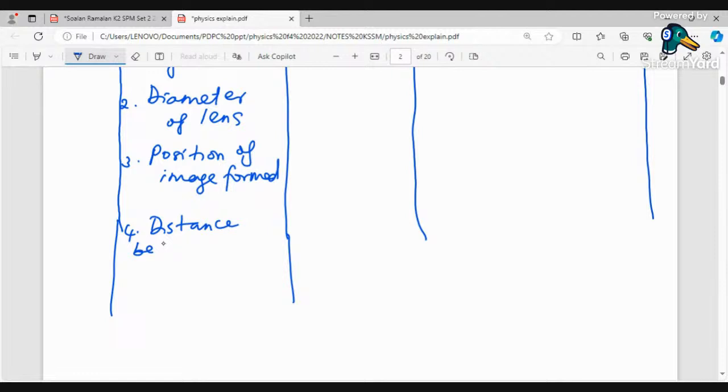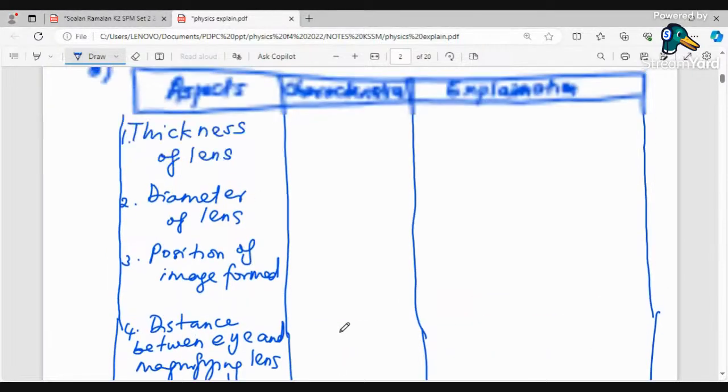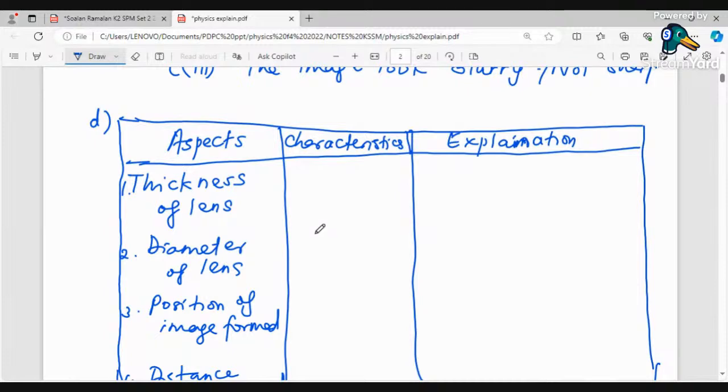Distance between eye and magnifying lens. Okay, kita ada empat aspek yang diberikan. Okay, now masukkan dia punya tu.